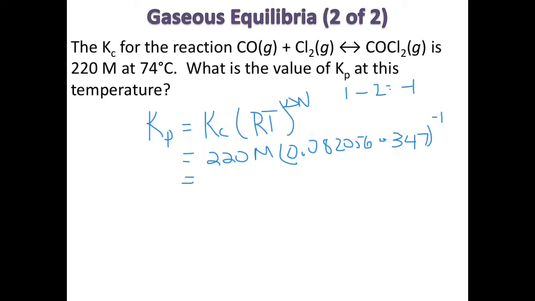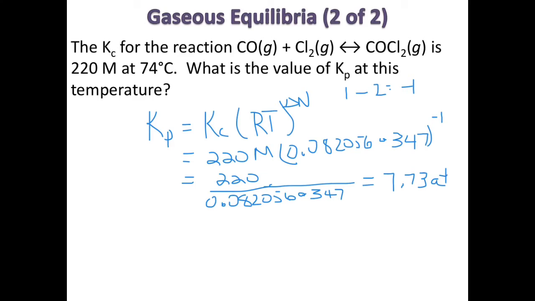So basically what we're doing is we're taking 220 and dividing it by RT, 0.082056 times 347, and the answer to that is 7.73 atmosphere to the minus 1.